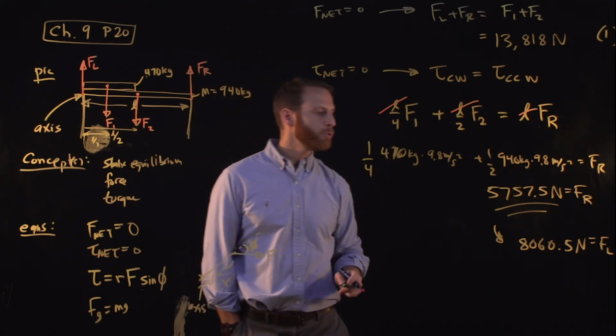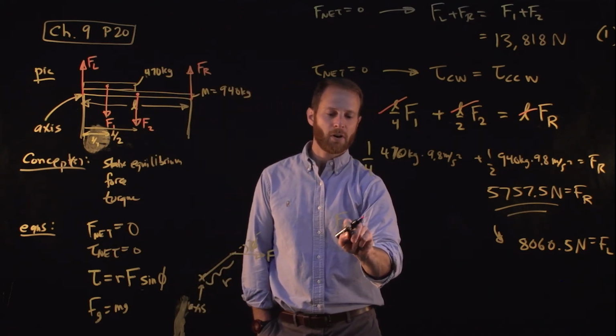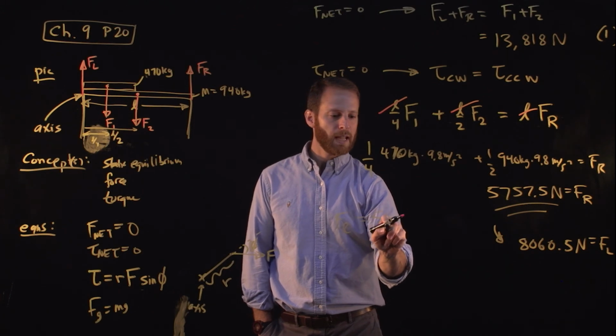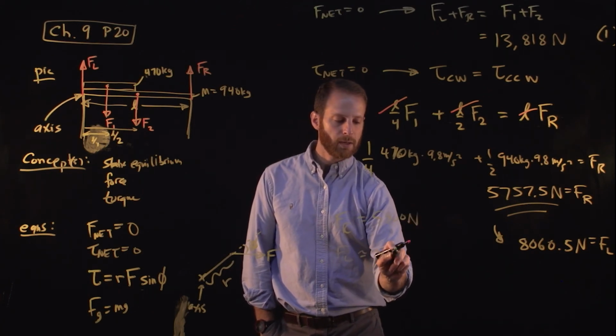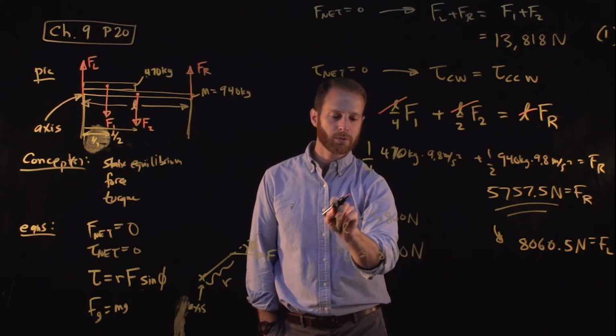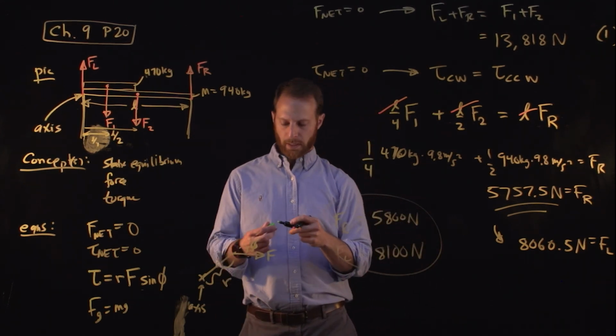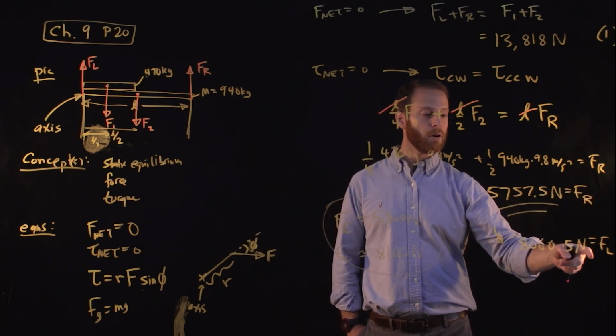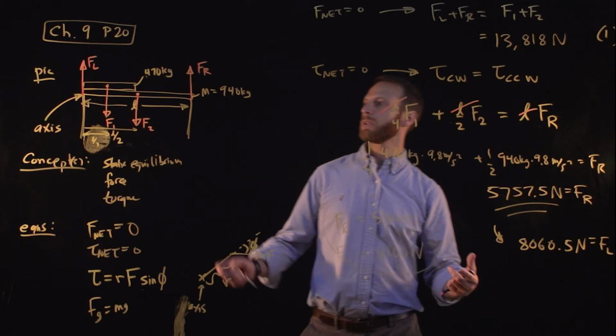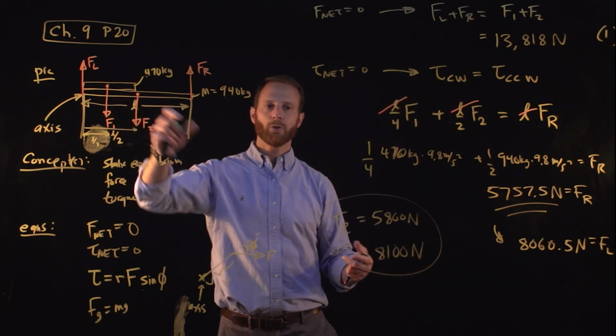Let's call that 2. And so in the end, Fr we'll write as 5,800 newtons, and Fl is 8,100 newtons. As a sanity check, we should be able to go back and make sure that the sum of Fl and Fr gives us enough force to keep the steel beams suspended.